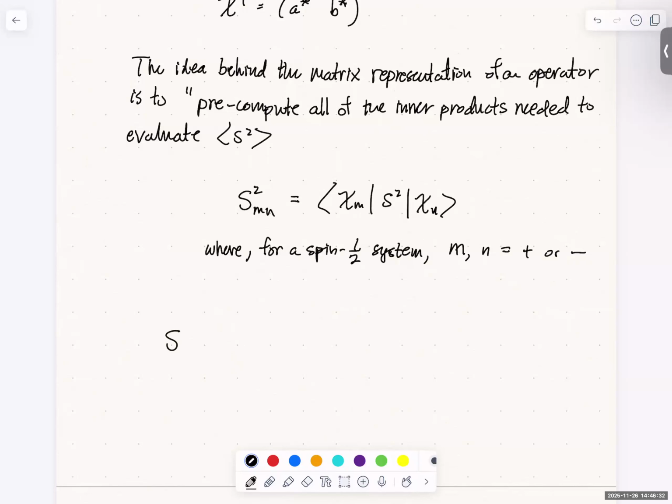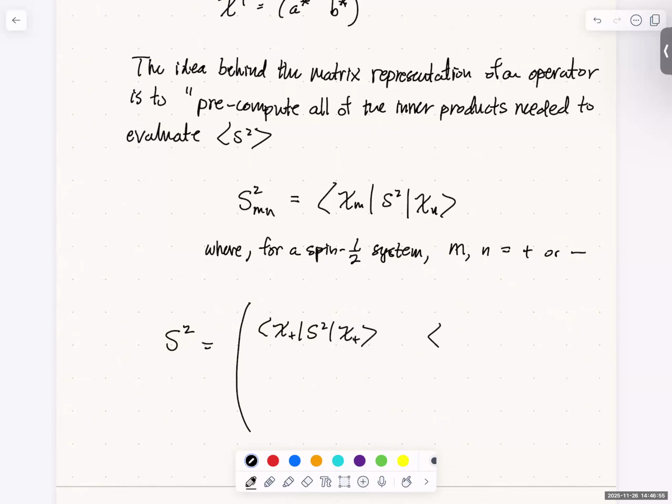All right, so let's write down our S squared matrix. I'm going to put in the 1, 1 position chi plus, S squared, chi plus.